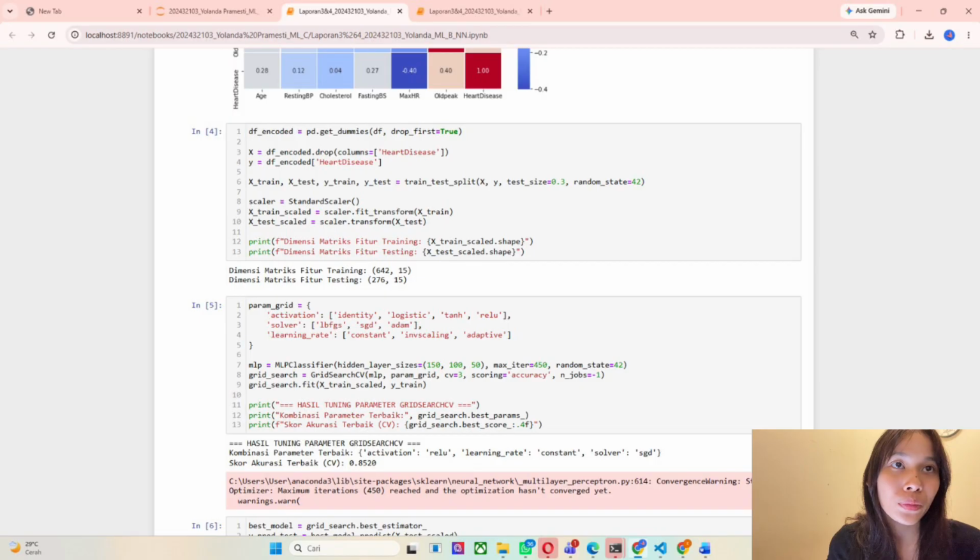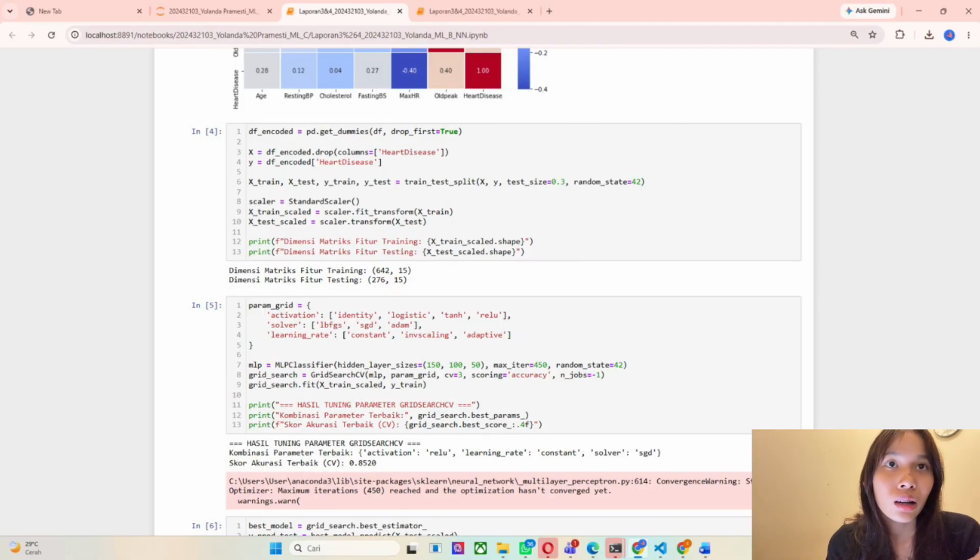This step is mandatory for a neural network because it standardizes the variance, ensures that no single feature dominates the weight calculation, and significantly accelerates the gradient descent convergence.